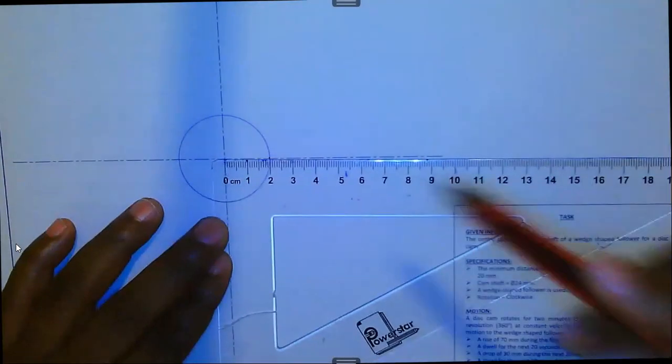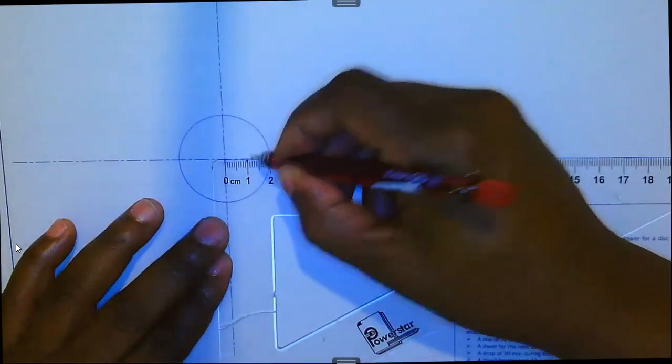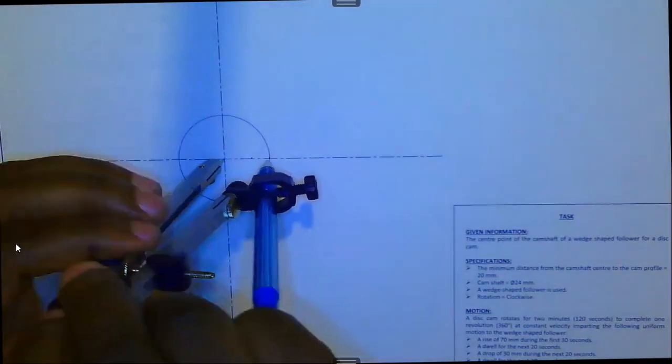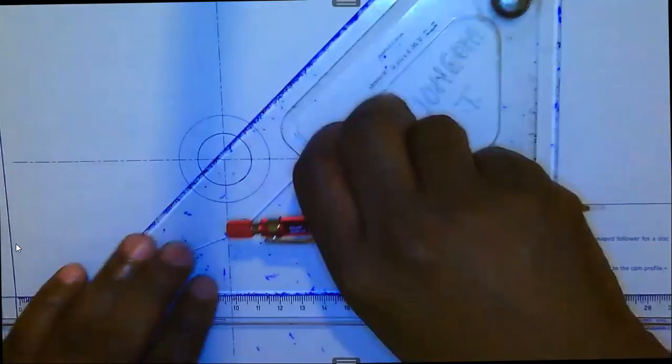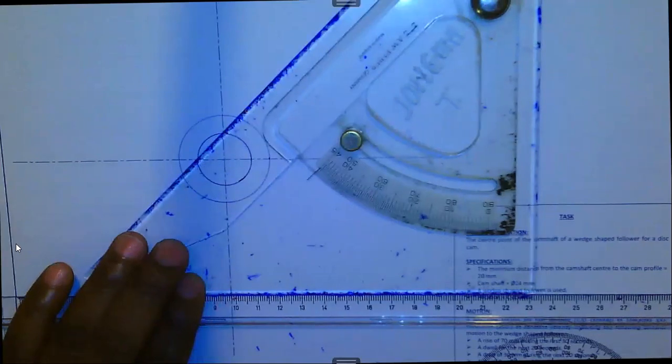So I'm going to measure 12 millimeters, then draw a circle like this and outline it. The moment you draw the camshaft diameter, you know by now you hatch that part because it's a section. You have cut the section of the shaft, and what you are able to see is a section.